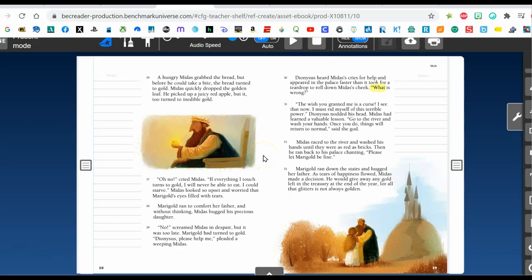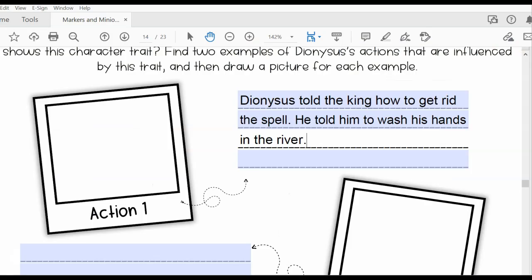That kind of shows that he's kind. He rushed to the king's aid, right? He didn't take his time like, sorry, King Midas, maybe I'll come over tomorrow. I'm a little busy right now. Right? So you could say that Dionysus appeared to the king in the palace faster than it took for a teardrop to roll down Midas's cheek.